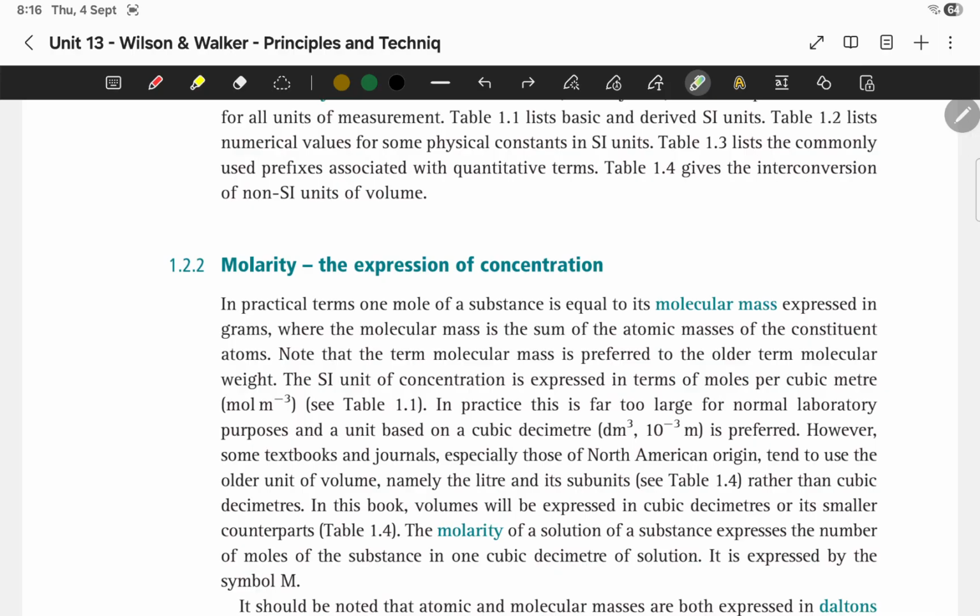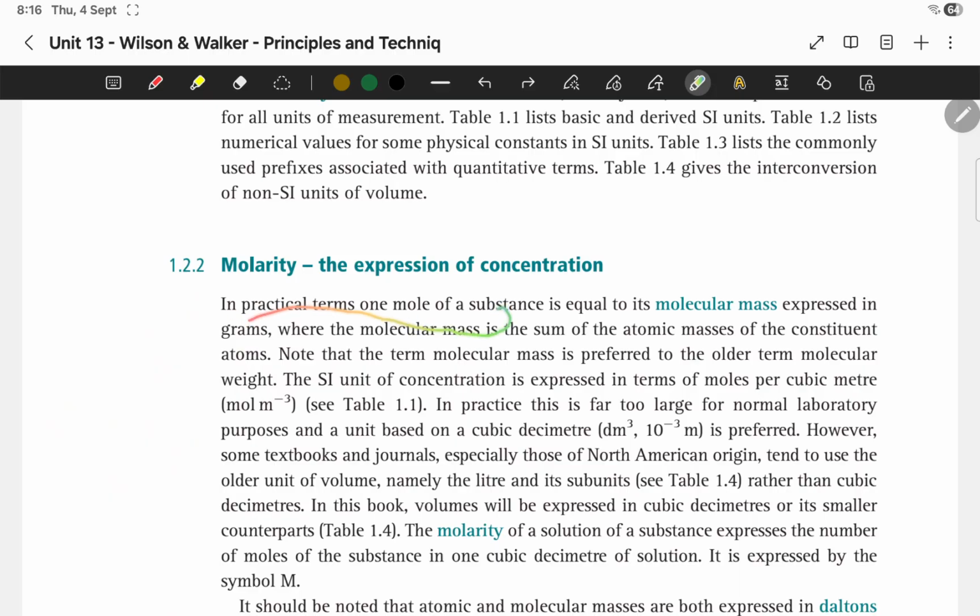An important thing that we'll be mostly seeing while doing an experiment is the use of molarity. This thing called morality and this thing called molarity, it's very different.